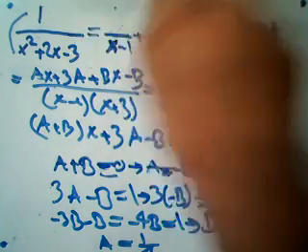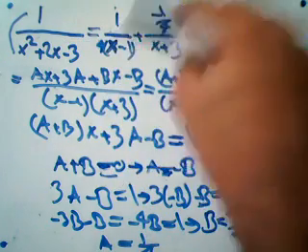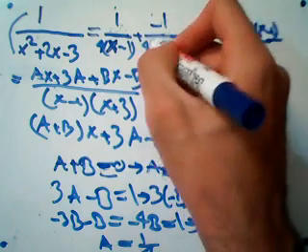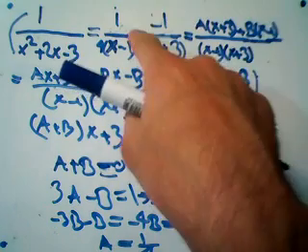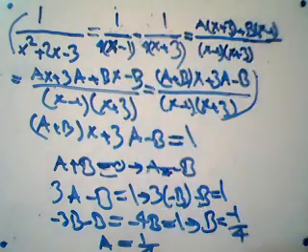That would be 1 over 4 times x minus 1, and this is minus 1 over 4 times x plus 3. Okay, that is true. And we could also write it this way. Okay.